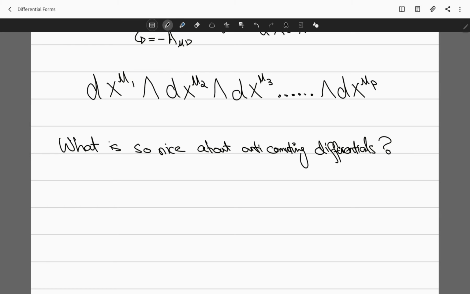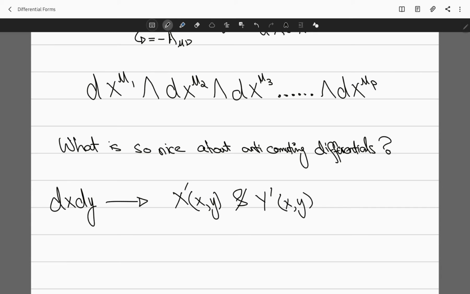And to answer this, one should consider dx dy and transform it to x prime as a function of x, y and y prime as a function of x, y.